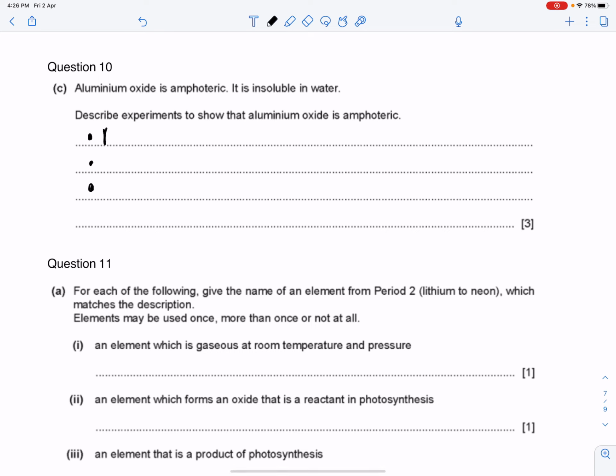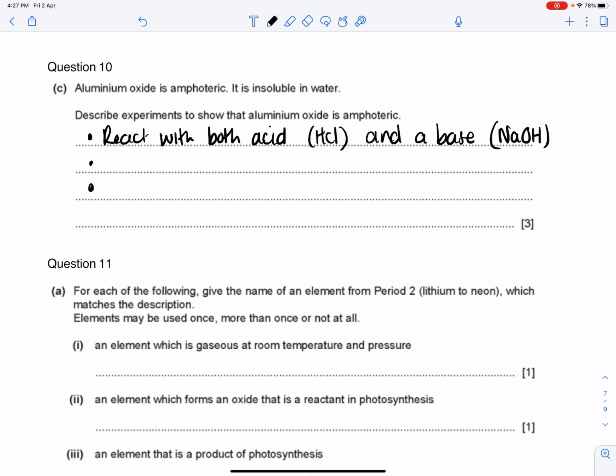So I would react with both acid, HCl, and a base, something like NaOH. Then the next mark is going to say that Al2O3, you could also write aluminium oxide if you weren't sure of the formula.